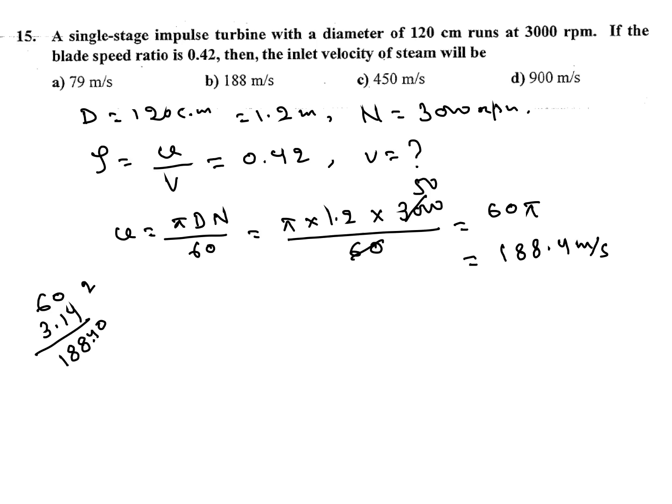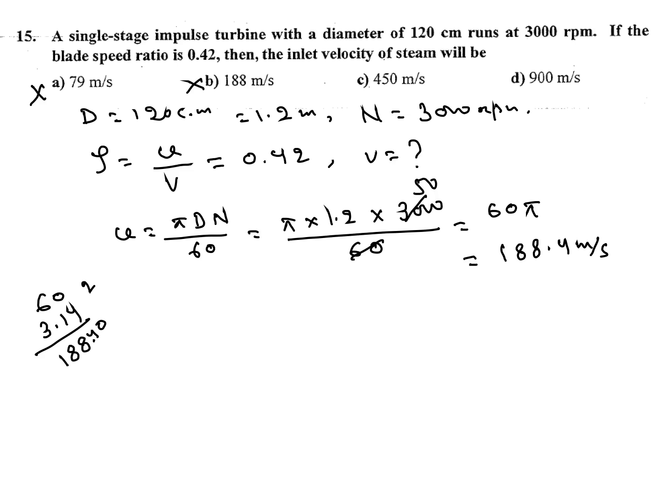From here also we can omit two options. We know blade speed ratio is 0.42, so V is greater than U. U already we got 188.4, so V is greater than 188.4. So A is not possible, B also not possible. Then we have to go for C and D.